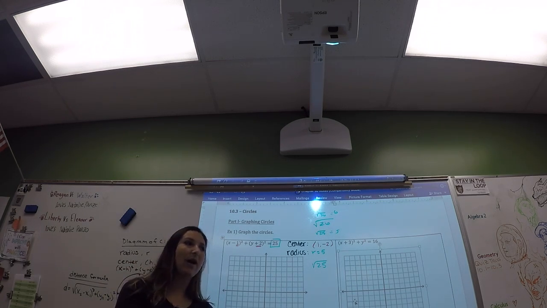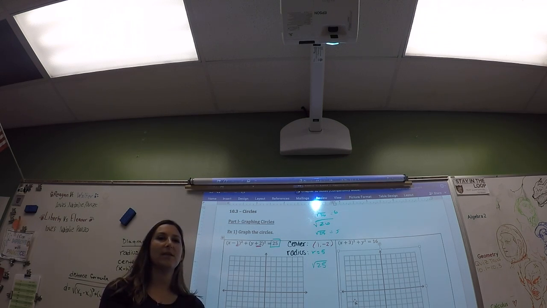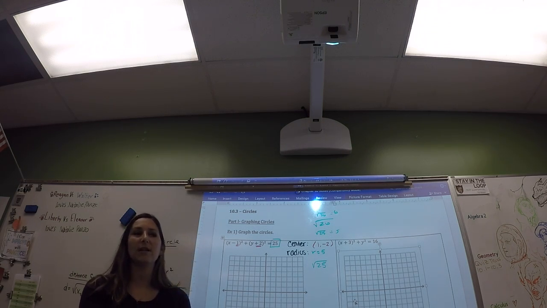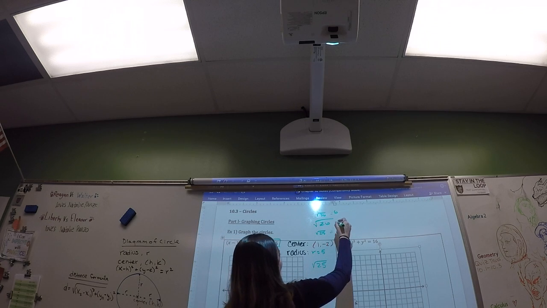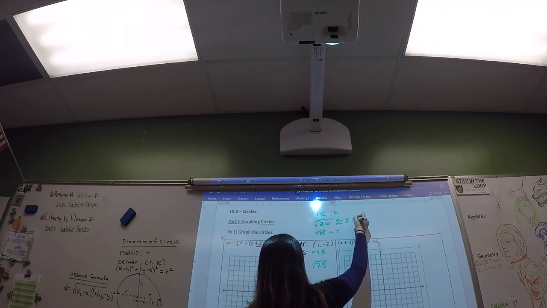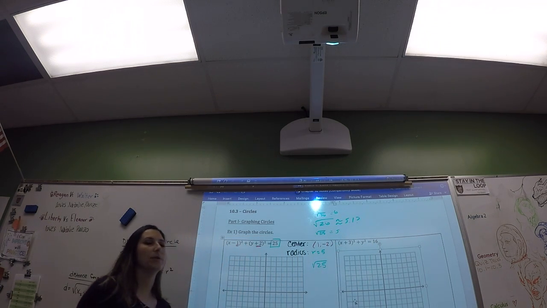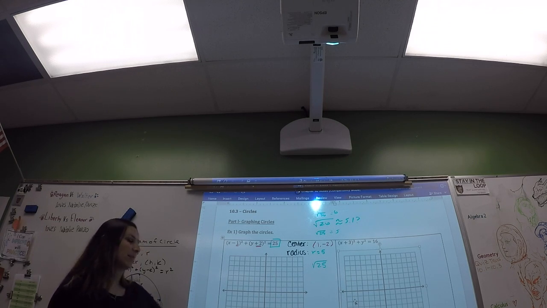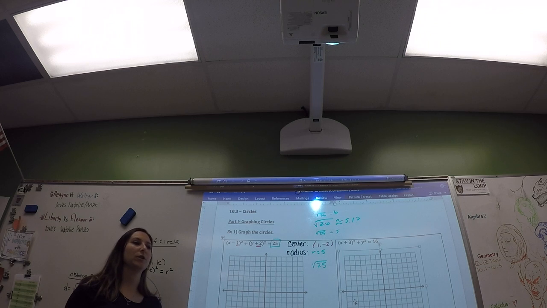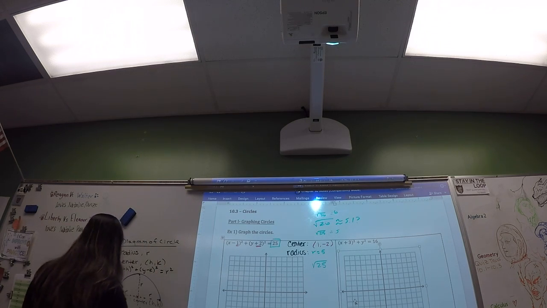It's closer to 5 than it is to 6. So you're going to guesstimate. It's probably like 5.1 or something, and that's what you would use to graph your radius. It doesn't have to be perfect, because you don't actually know what it is, but that's the logic behind it. You're comparing it to two square roots that you know. Let's say it's in the middle.